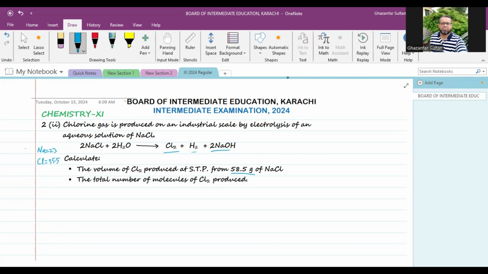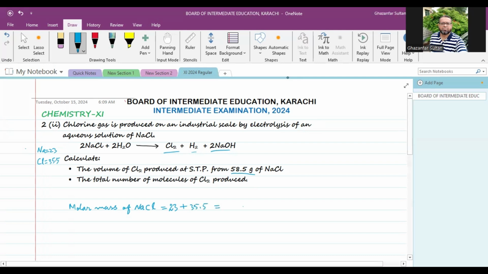So here we need the molar mass of NaCl. How can you calculate it? You know, there is one sodium, one chlorine. 1 multiplied by 23 is 23, plus 1 multiplied by 35.5, so it would remain 35.5.